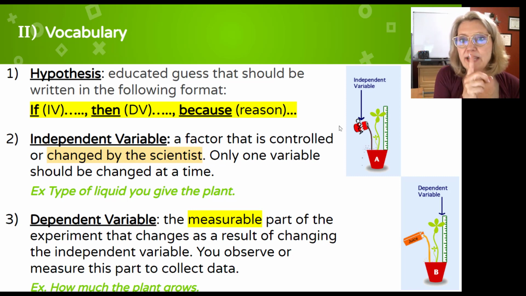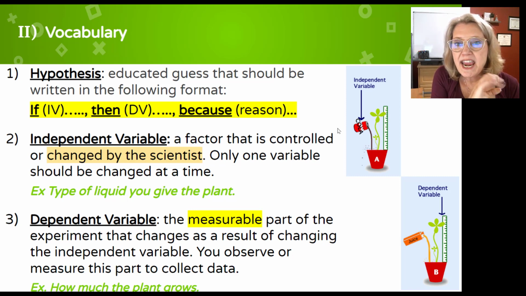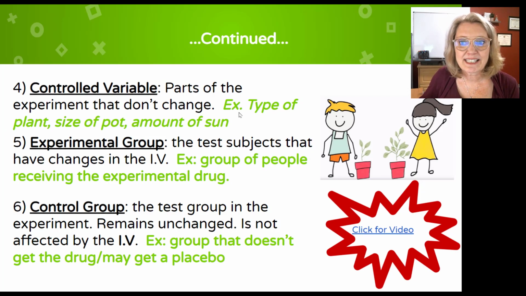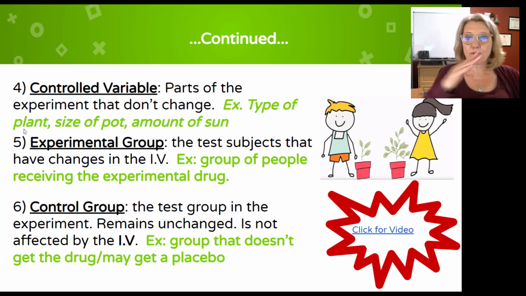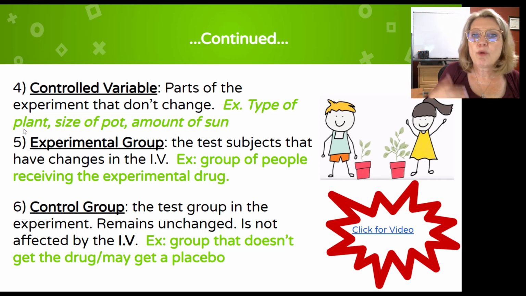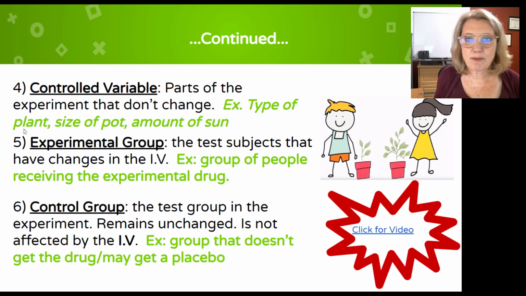So we are only going to change that part. Everything else has to stay the same. In this case, the type of plant we use, if we're going to start with a tomato plant, all of them have to be tomato plants. We have to keep the same size of pot. We have to give the plants all the same amount of sun. So those are our controlled variables, and our only independent variable, remember we can only change one, the independent variable is only going to be what liquid we give the plant.